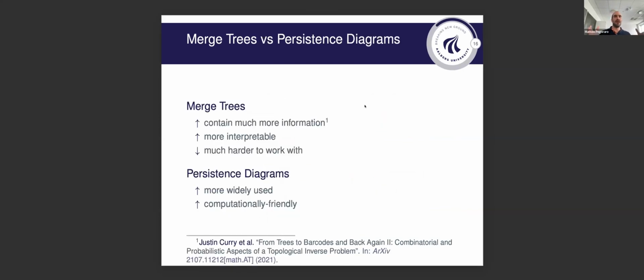Okay, so now we have the full pipeline. We started from a statistical unit, from our raw data, and we have obtained a data set of merge trees, and we want to work with this data set. You may ask, why do we want to do that? The basic reason is that merge trees contain much more information compared to persistence diagrams.